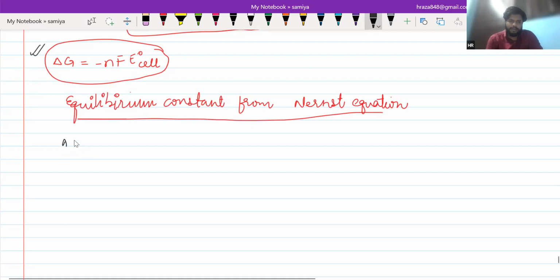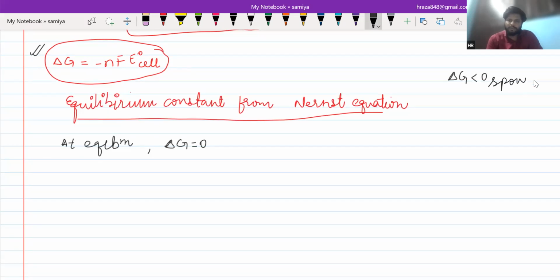As you know, at equilibrium, delta G will be zero. As I already told you, when delta G is less than zero, that means spontaneous, that means the reaction or process will go forward. Delta G greater than zero means non-spontaneous, and non-spontaneous means the reaction will go backward.